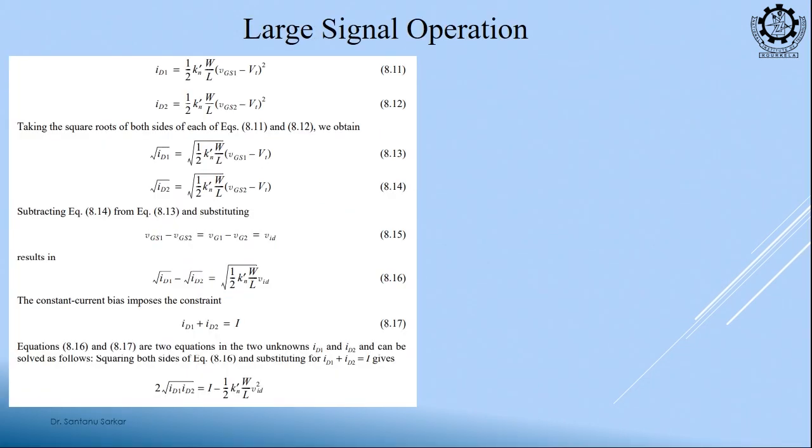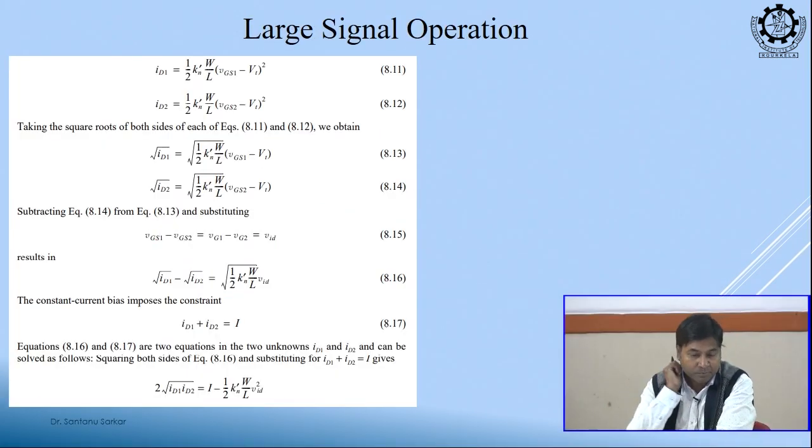So, next is large signal operation. What is the meaning of large signal operation? When we are considering the total instantaneous voltage, meaning DC plus AC, that is large signal analysis, and when we are considering only AC, that is my small signal analysis.